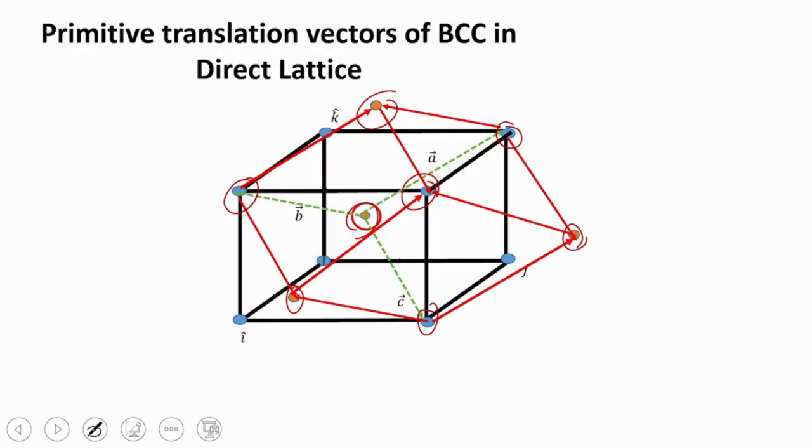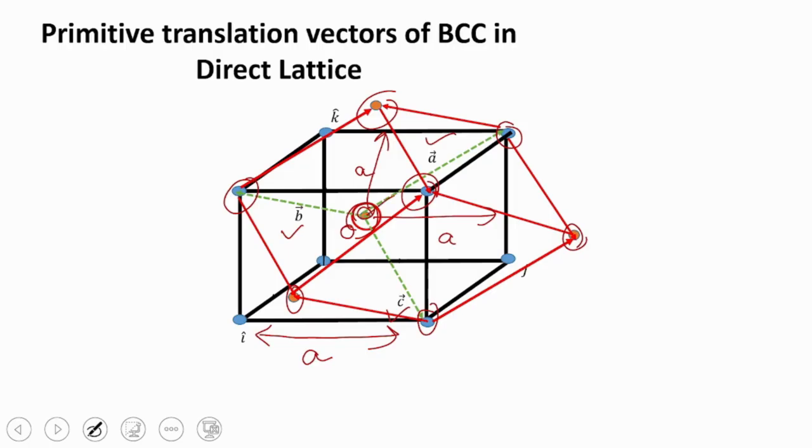Our next step will be to calculate and write the mathematical expression for vectors A, B and C. Just like we did for the FCC, this is my origin point. If we take the lattice constant to be a, I'm sure you can easily find that this distance is a and this distance is a.